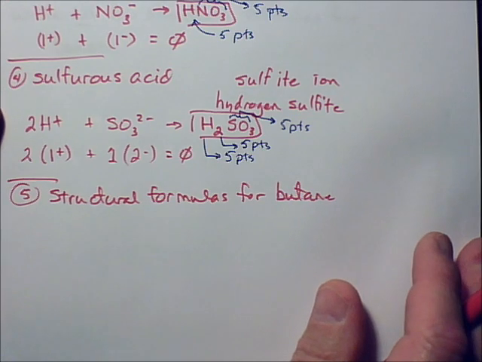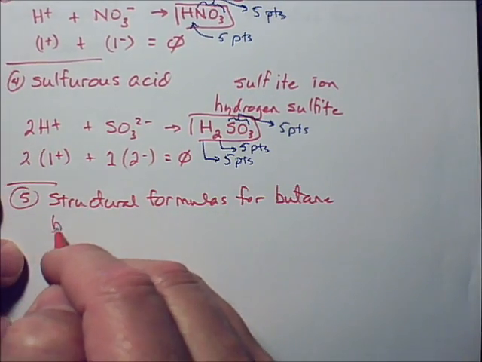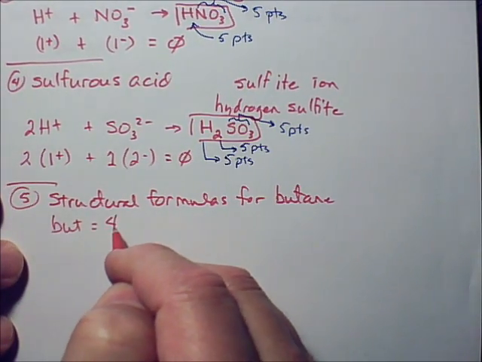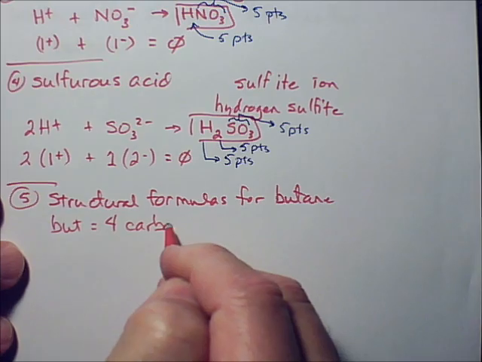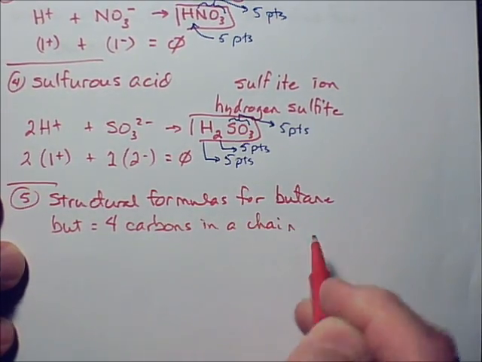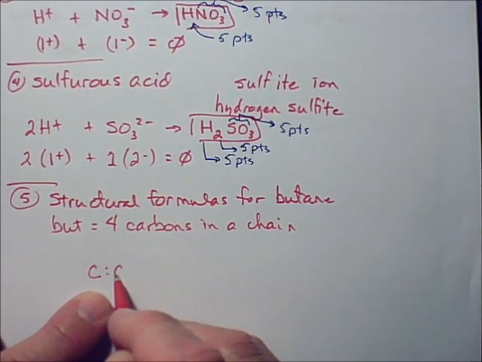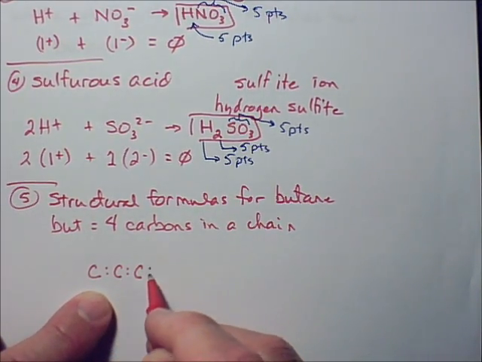Okay, so butane, the prefix but means 4 carbons. Okay? So I'm going to start with doing this. Carbon to carbon to carbon to carbon.